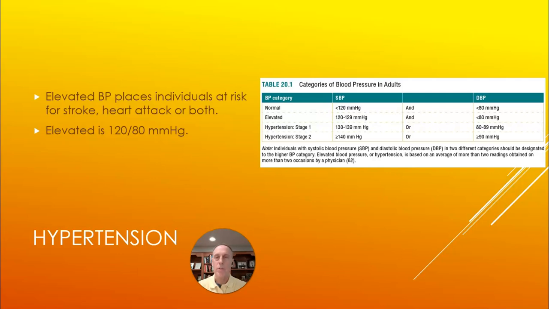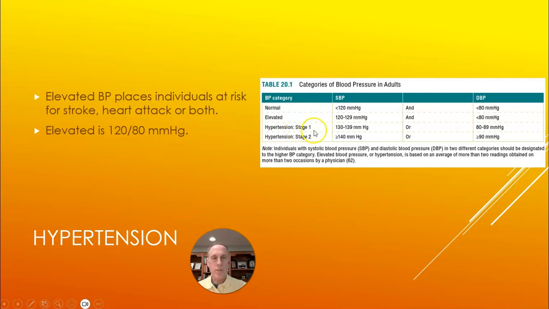Now, when we look at blood pressure itself, normal would be less than 120 over less than 80. So 120 over 80 is your cut-in threshold there, where that would be considered normal for anything below, for both of those. It becomes elevated when you have over 120 to 129, you can see over here, and less than 80.